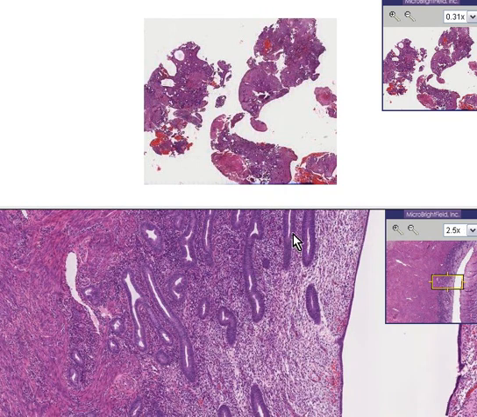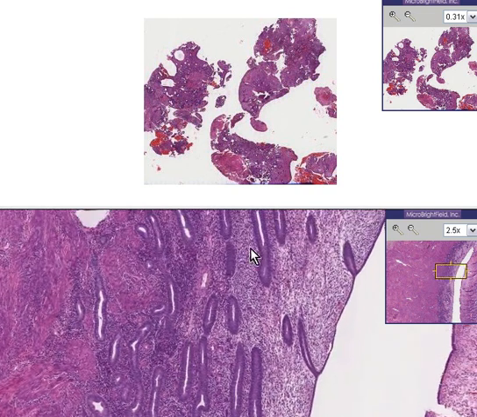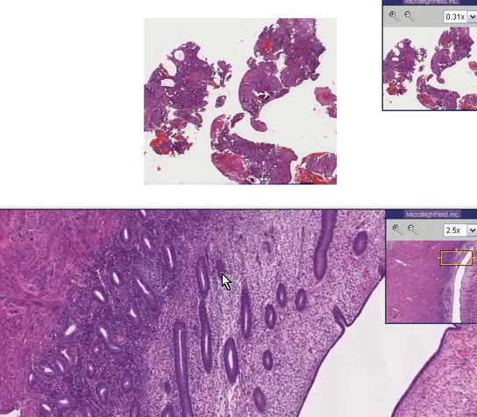You have both these glands, which you see here, and you see stroma, which is the connective tissue between the glands. In addition, some of these glands involve the very superficial layers of the myometrium as well, because this is predominantly, actually entirely smooth muscle over here. Please notice the general proportion between glands and connective tissue.